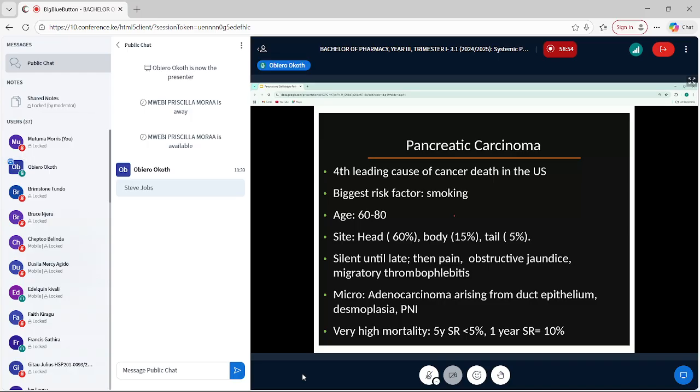Yes, the biggest risk factor is smoking. And you can see that smoking also causes the number one leading cause of cancer death. The leading cause of cancer death in both women and men is which cancer? Bruce Nderu, which cancer?